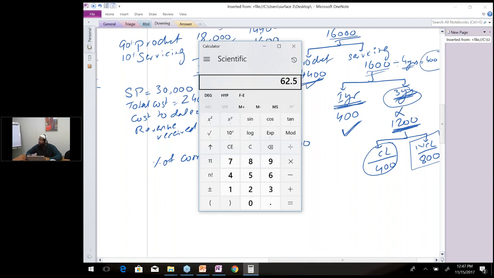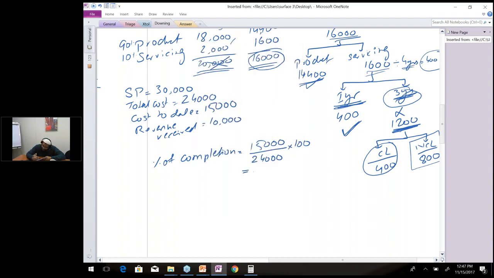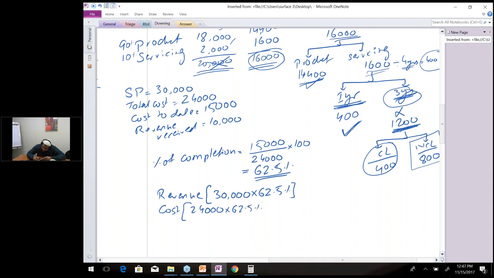The project has been completed 62.5%. So the revenue that we are going to record is going to be 30,000, the transaction price, into 62.5%. And the cost is going to be 24,000 into 62.5%.